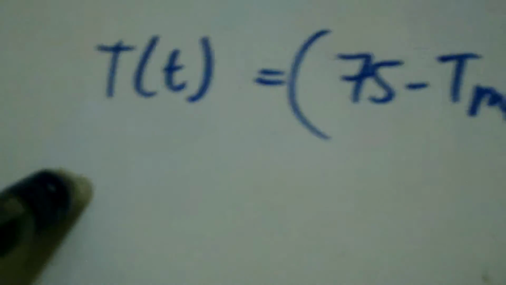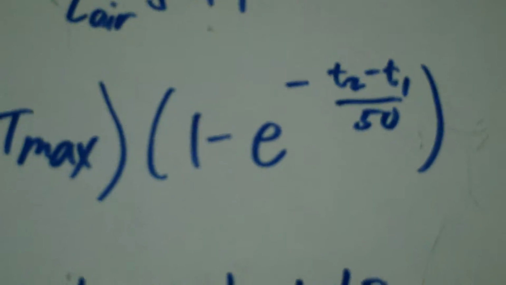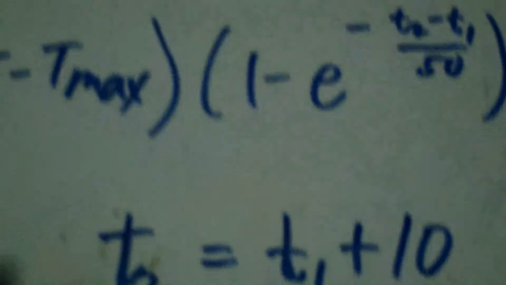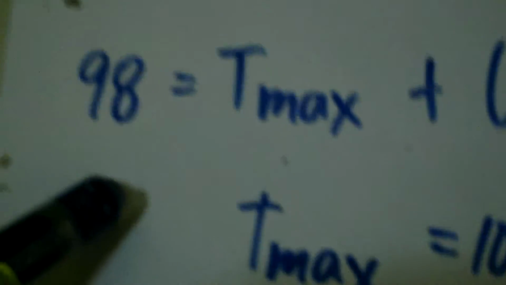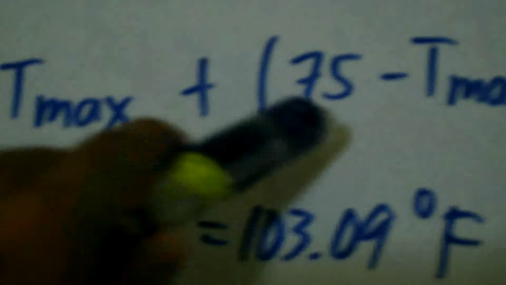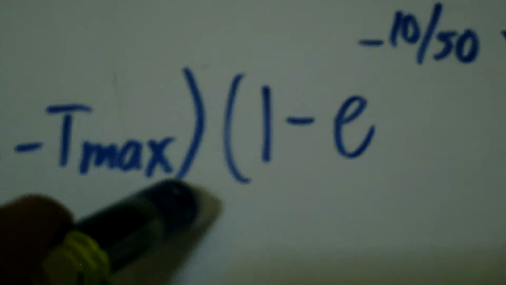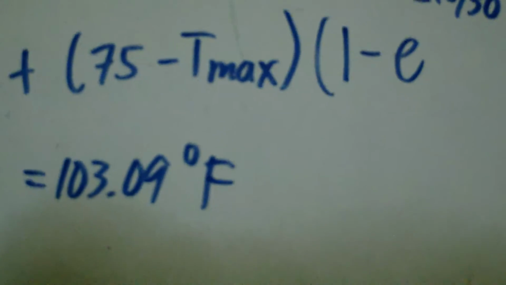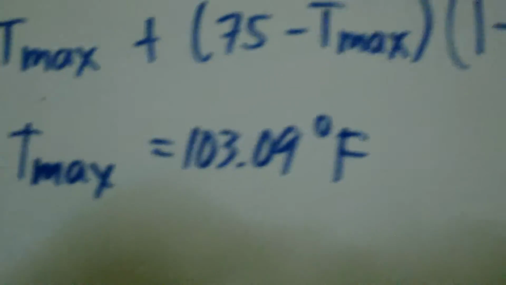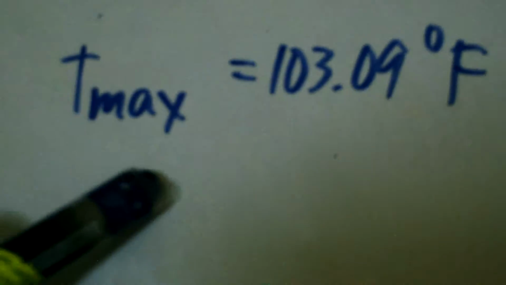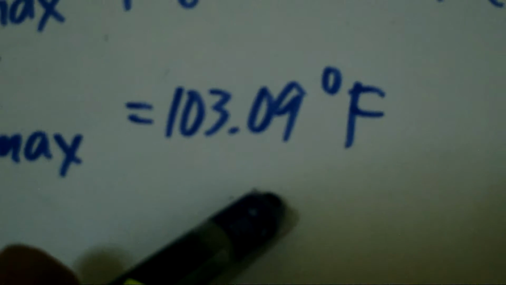So T max plus the earlier expression: 75 minus T max times 1 minus e to the negative T2 minus T1 over 50, where T2 minus T1 equals 10 seconds. So we have 98 equals T max plus 75 minus T max times 1 minus e to the negative 10 over 50. Solving for T max, you can use your scientific calculator. So we have T max equals 103.09 degrees Fahrenheit.